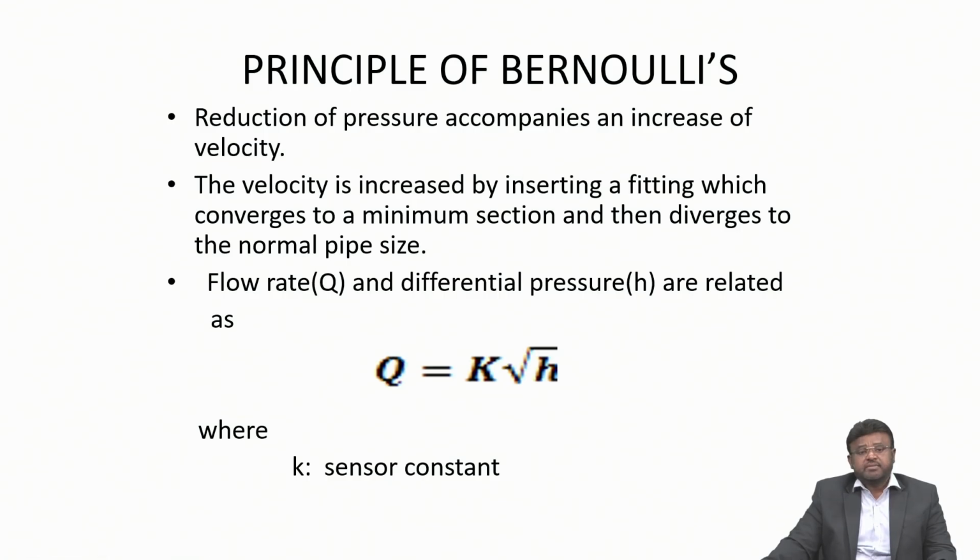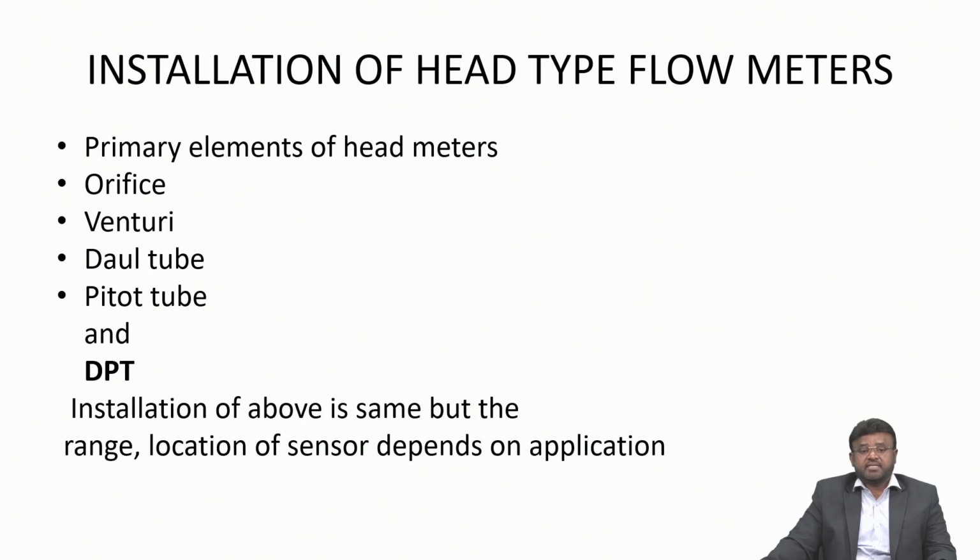What Bernoulli said is that the summation of pressure head, velocity head and elevation head at the upstream side is equal to the same summation at the downstream side. Finally, he made a relation between Q and H, where H is the differential pressure or pressure head, Q is the flow, and K is a constant depending upon the sensor, related to the design aspects of the sensors.